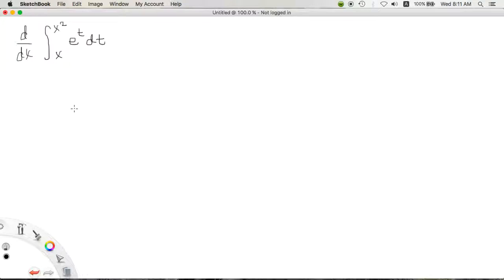Now, we can't have a variable down here, but we know that we can split an integral up into pieces. So let's look at how that will help us. If we're going from x to x squared, we can change that to the integral from x to 0 plus the integral from 0 to x squared.